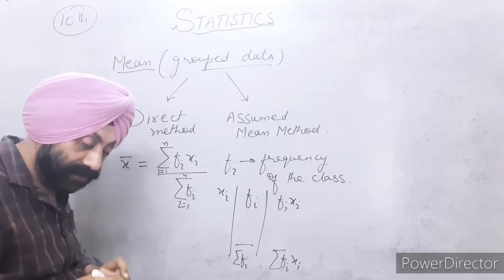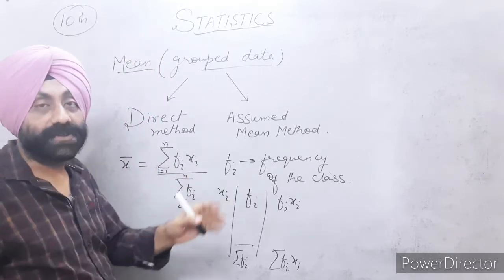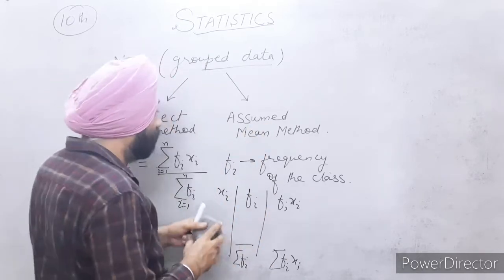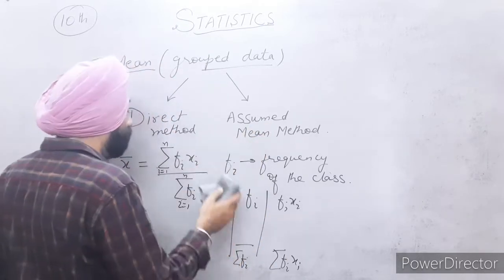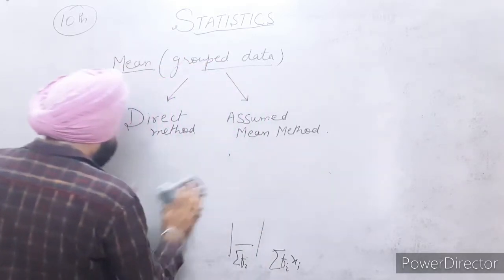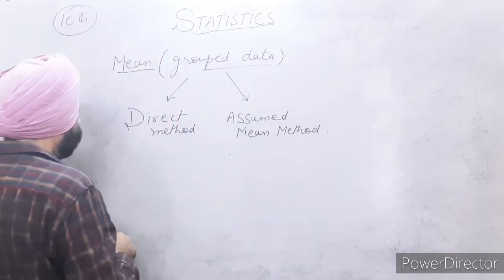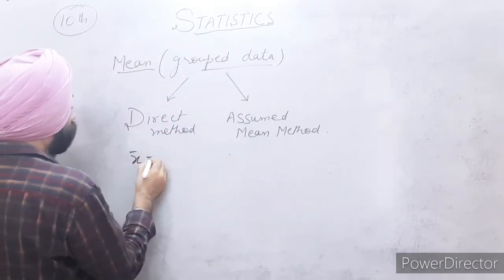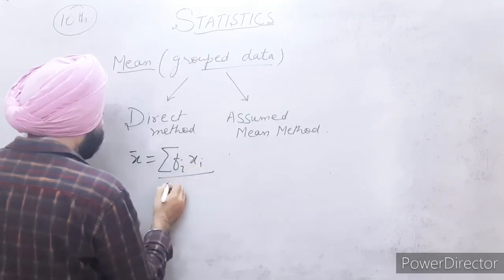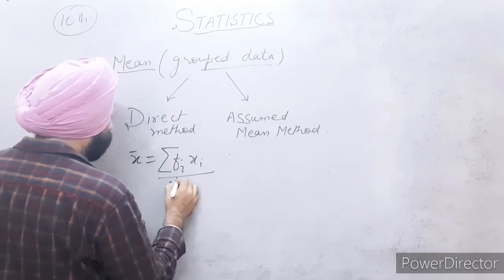Now, in some cases, when the values of fi and xi are very large, to make our calculations easy we use the assumed mean method. Over there the formula is this. Let me rewrite: direct method is x bar equals summation of fi xi divided by summation of fi, i equals 1 to n.